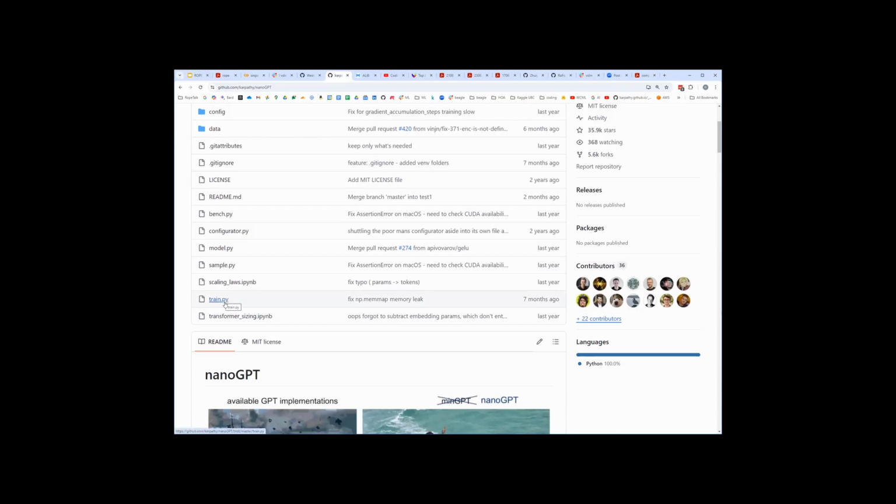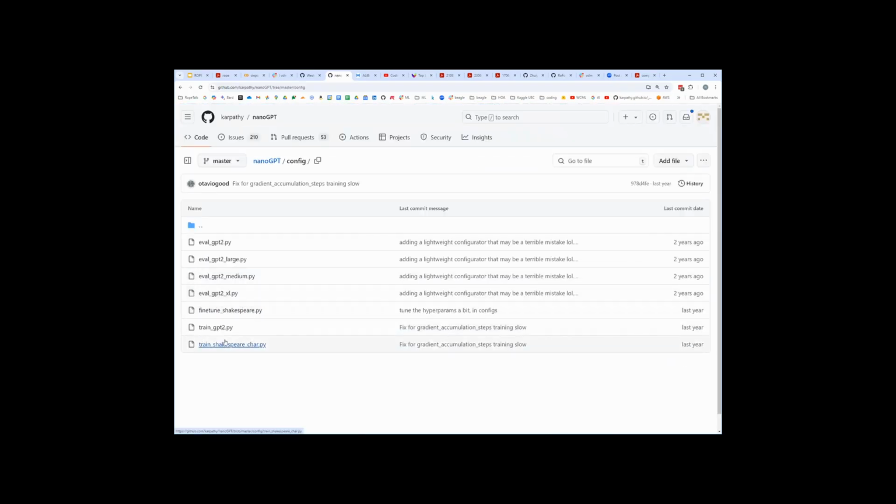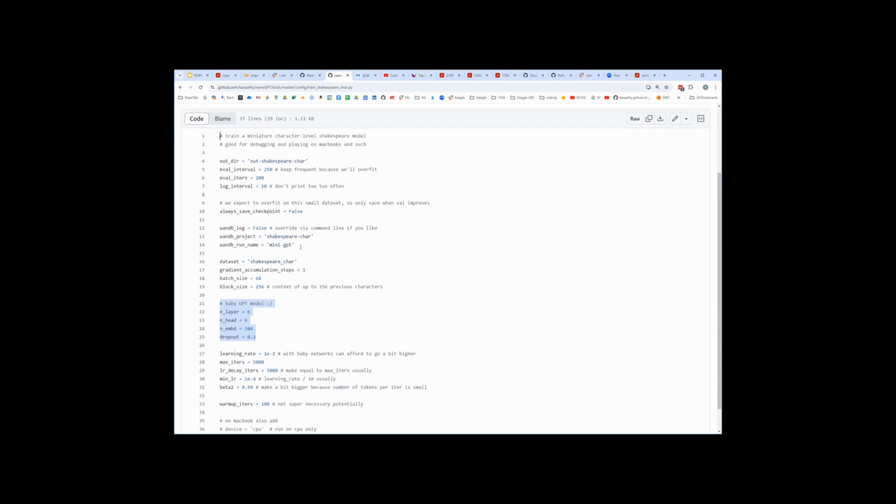There's a train script that you run, and there's a sample script that you run. The train uses configuration files, like train Shakespeare, which is a way of setting the parameters, things like the size of the GPT: how many layers, how many heads, the embedding size, et cetera. He does have it linked into WANDB, which is nice for tracking progress.